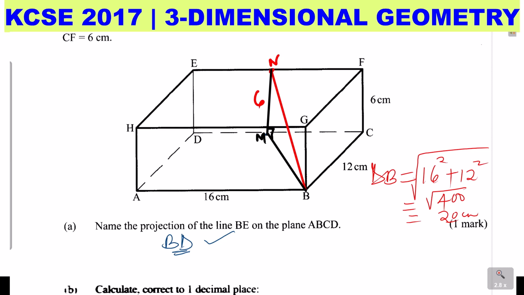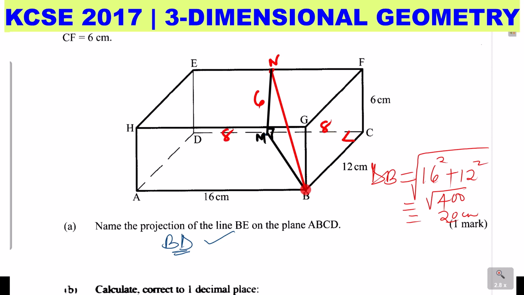Look at BMC. BMC is right-angled at this point, and CM is half of AB, which will be 8. AB is 16, as you can see, which is equivalent to DC, which is 16. But since M is the midpoint of DC, this will be 8 and this one will be 8.